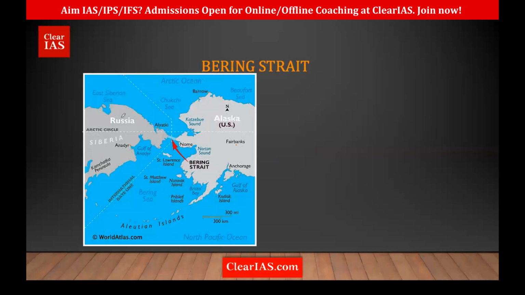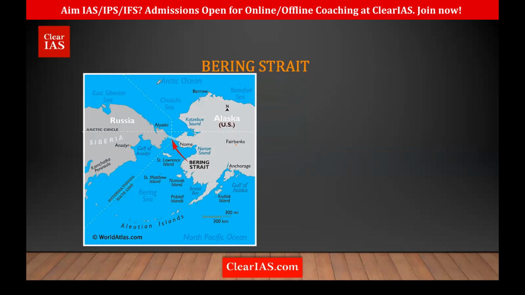You can see on one side we have Russia, and on another side we have the US, that is Alaska, part of the US. And there's the small water body between these two called the Bering Strait. So which seas does it connect? The Pacific Ocean and the Arctic Ocean. The seas which it connects are the Bering Sea and the Chukchi Sea.